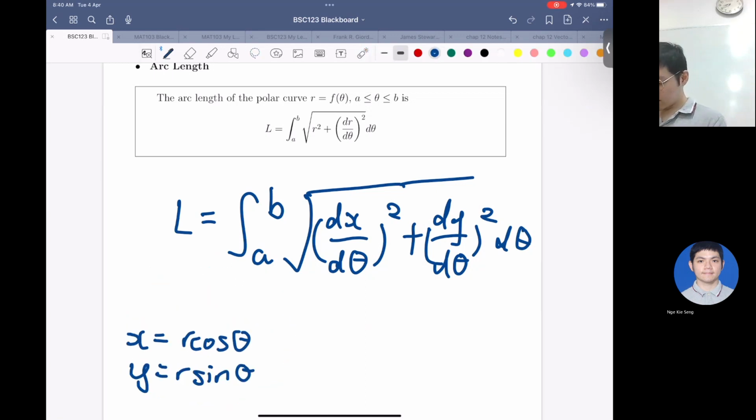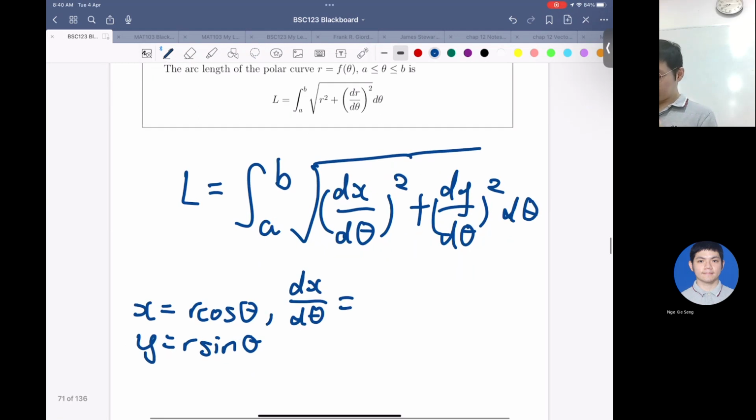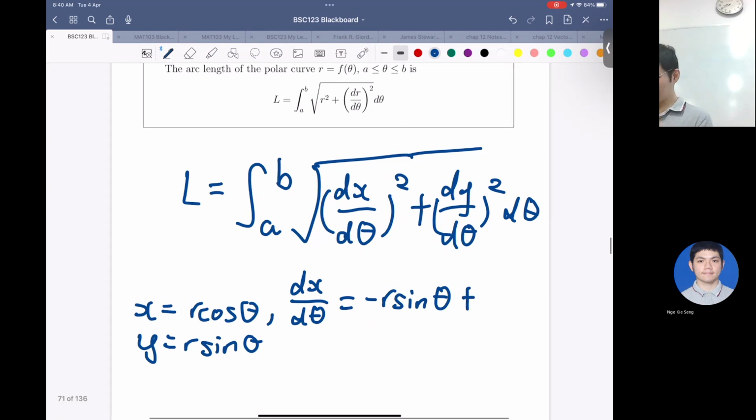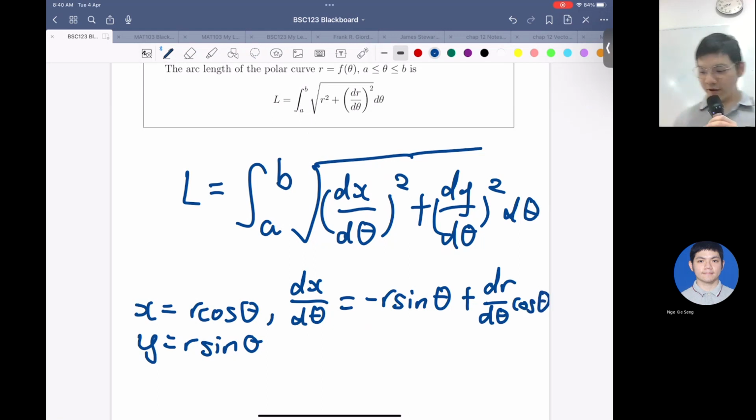So what is dx d theta here? Negative r sin theta, plus dr d theta cos theta. Okay, so maybe some of you ask, why not just minus r sin theta here?